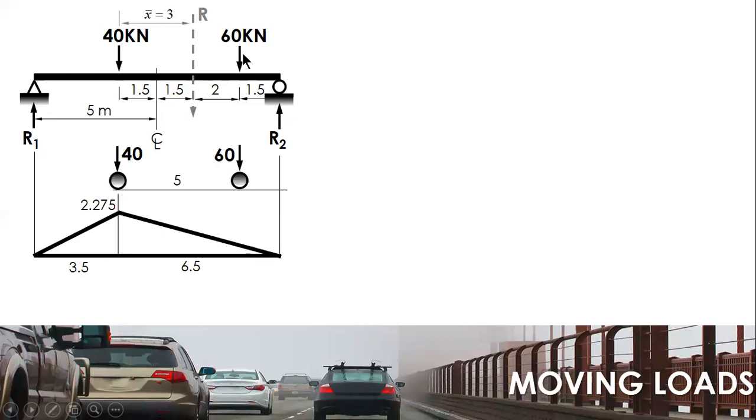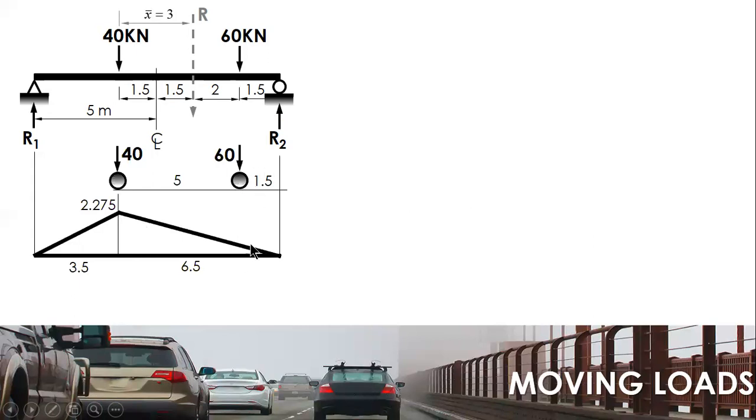And then you place the loads, 40 and 60, at a distance of 5. So we have 1.5 here. To solve for the ordinate, you can use ratio and proportion, or get the slope first: 2.275 divided by 6.5, times the run gives the rise.